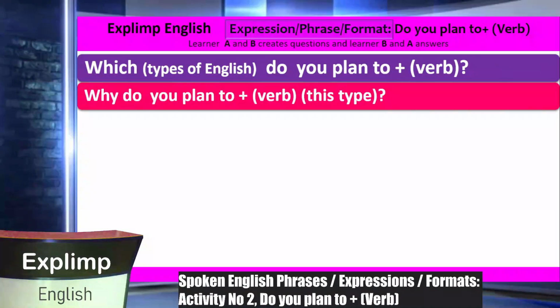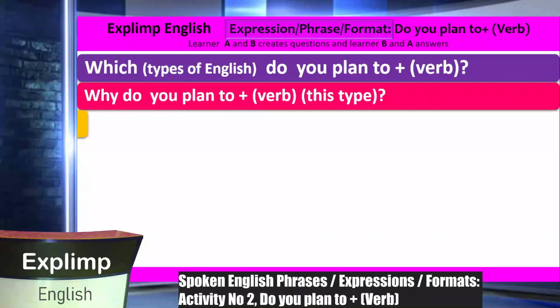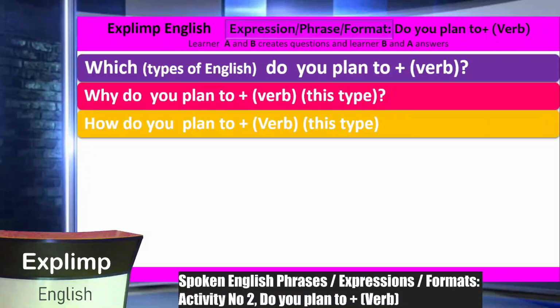So my question is, okay, and the other thing is, again, why? So why this specific type, right? So why do you plan to plus verb this type of English? And the third one is, then, okay, we have got the reason, but how? How do you plan to plus verb? Like, how would you do this? What would be the process of learning this type especially, right?